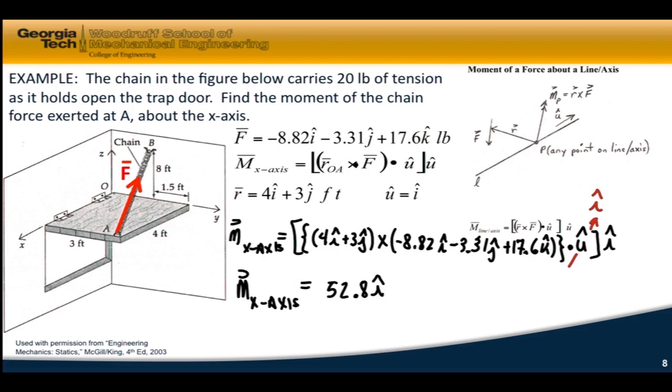Feet for r sub OA and pounds for the force. So it's pounds foot, or foot pounds. And that's my answer. So now you have a technique for finding the moment due to a force about a line or an axis. And I'll see you next module.